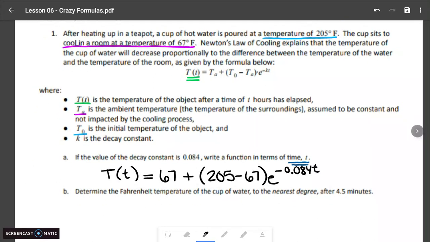And I could leave it just like that. Now I could always go in and simplify the 205, subtract the 67, but if it just asks me for a function, this would totally count for full credit.